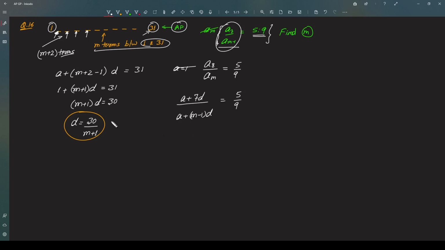Now you just substitute the value of d from here. So a plus 7 into 30 divided by m plus 1, into 9, I am doing the cross multiplication at the same time, is equal to 5 into (a plus (m minus 1) into d), and d is 30 divided by m plus 1.